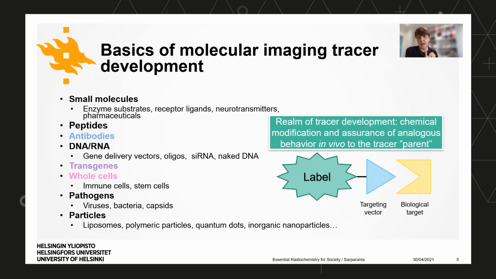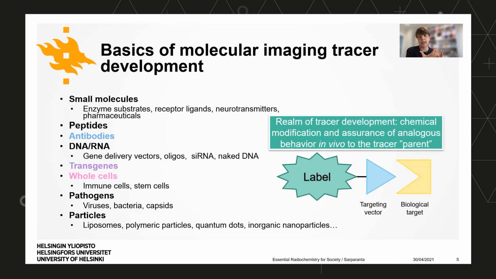So in my view, the realm of tracer development is really the chemical modification, the radiochemistry that we do in order to incorporate the imaging labels and the associated bioconjugation techniques. And then the assurance that we still achieve analogous behavior in vivo to the tracer parent, the compound that we actually want to trace.